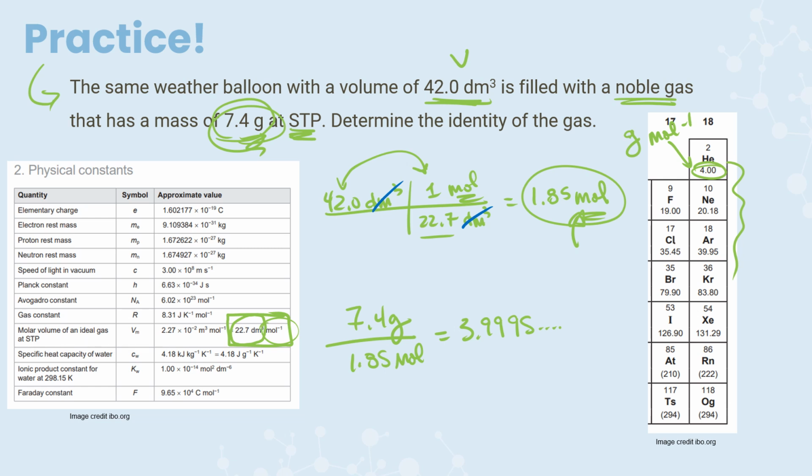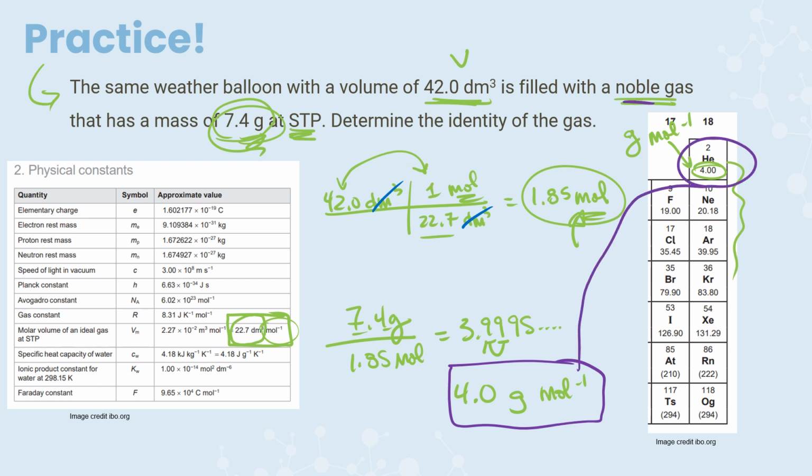I'm going to round to how many sig figs? 2 sig figs tells us that that 9 is going to turn into a 0, and we're going to have a grand total of 4.0 grams per mole. What gas has a molar mass of 4 grams per mole and is also a noble gas? That is, of course, helium. So the identity of our gas is helium.